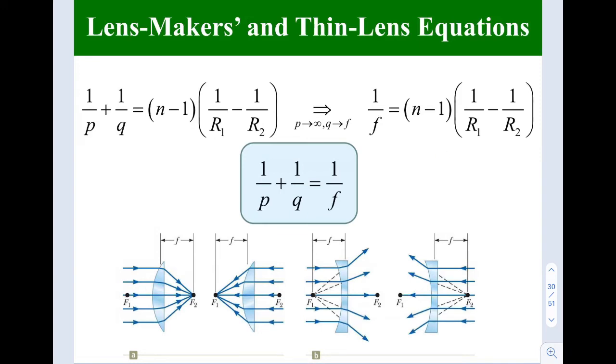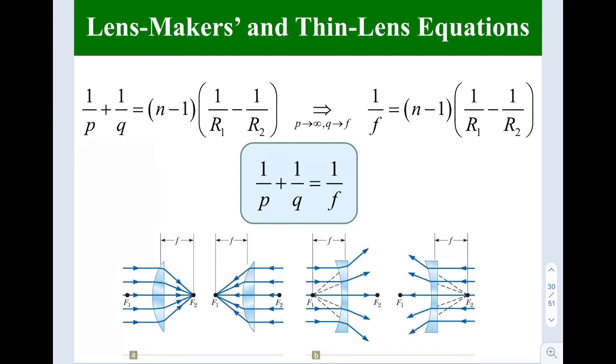If the lens is immersed in something other than air, this same equation can be used with n interpreted as the ratio of the index of refraction of the lens material to that of the surrounding fluid.